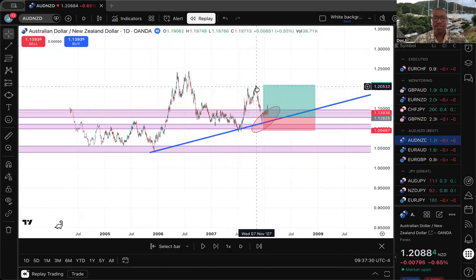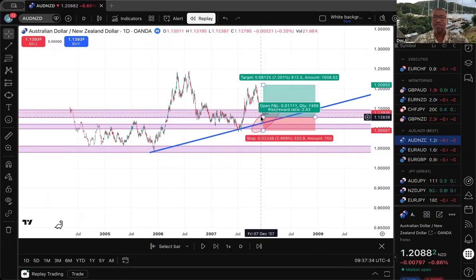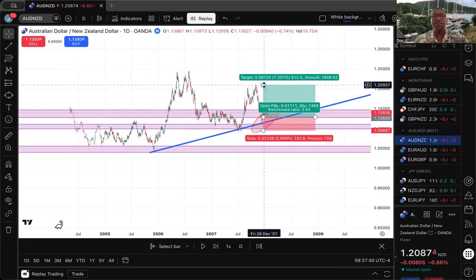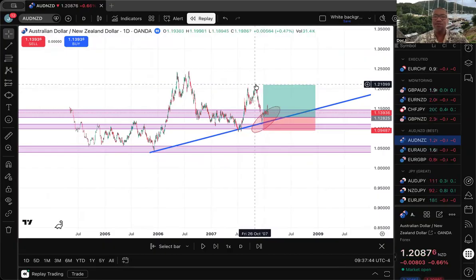So this would be the high, this would be the higher low that was being created there, rejecting off of both the area of interest and the trend line. And so we expect if this price is going to continue in a bullish direction, it's going to make a higher high. So we know that at the very least, price should come to this area.